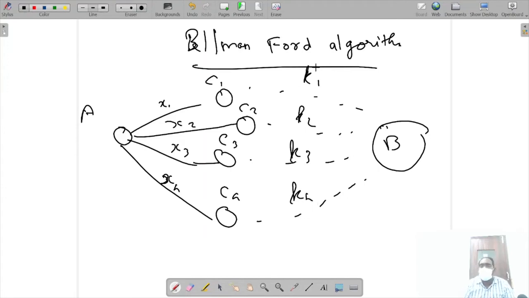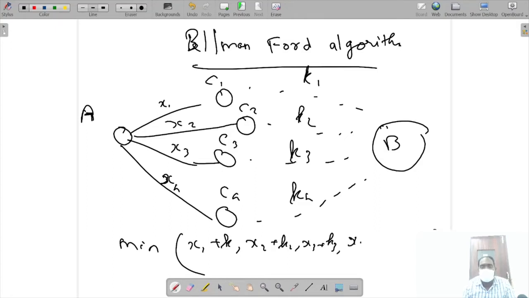What the Bellman Ford algorithm says is the shortest path for me is whichever is the minimum of x1 plus k1, x2 plus k2, x3 plus k3, x4 plus k4. So that is basically what the Bellman Ford algorithm says.